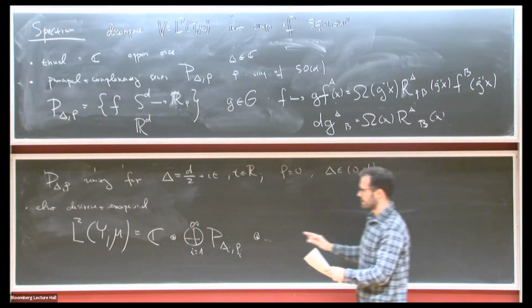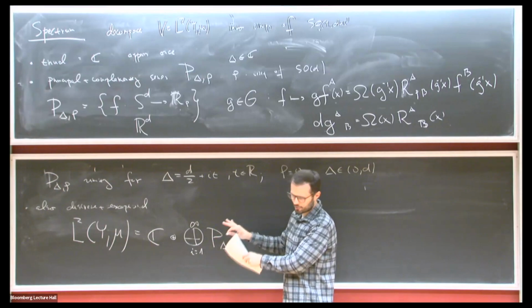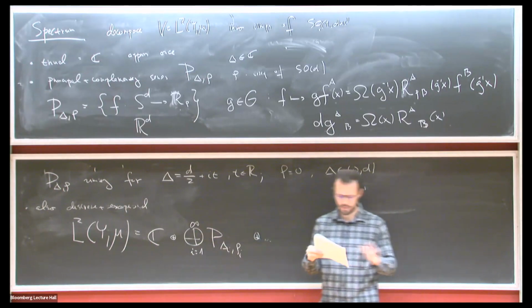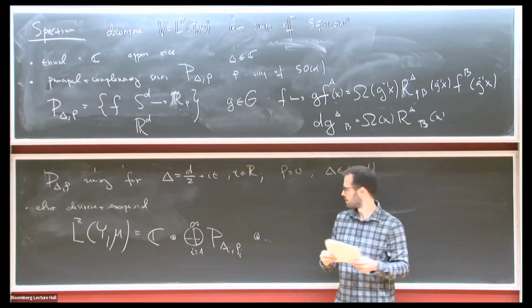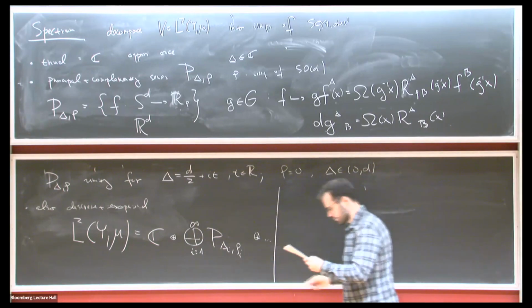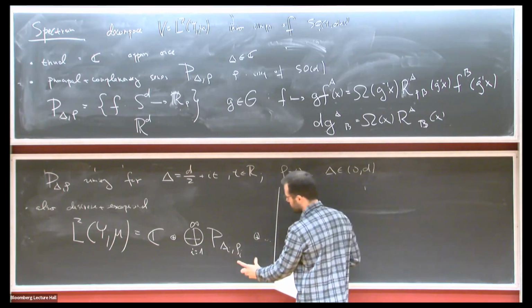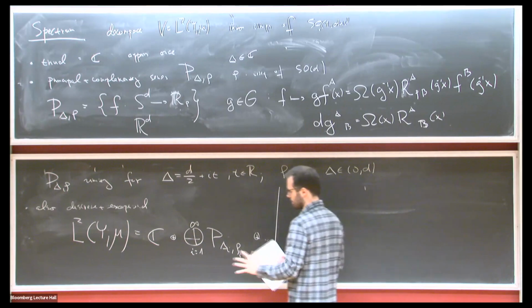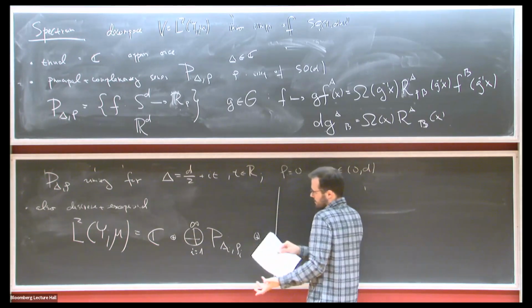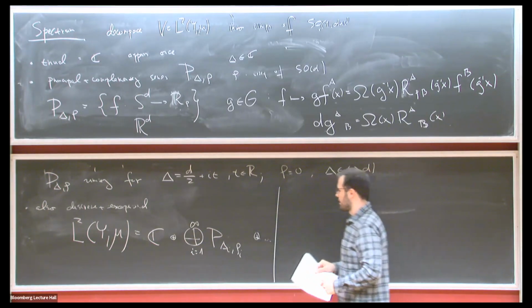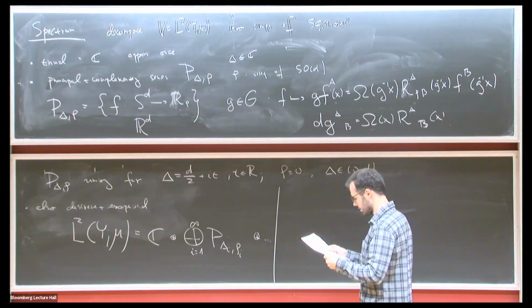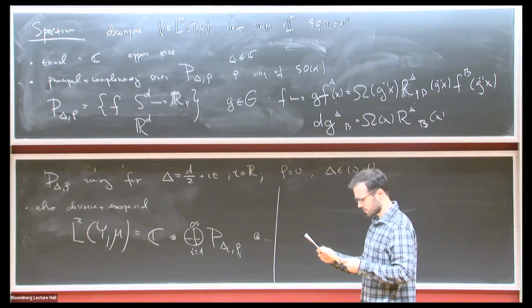Now I'm going to say when it's discrete and when it's continuous in a moment, but for now you just think of it as a cartoon for either a discrete or continuous direct sum. Okay, so this defines a spectrum, and it is dynamic, right? It depends on y and mu, and I'll say in a second what the expectations are for various types of these measure spaces.